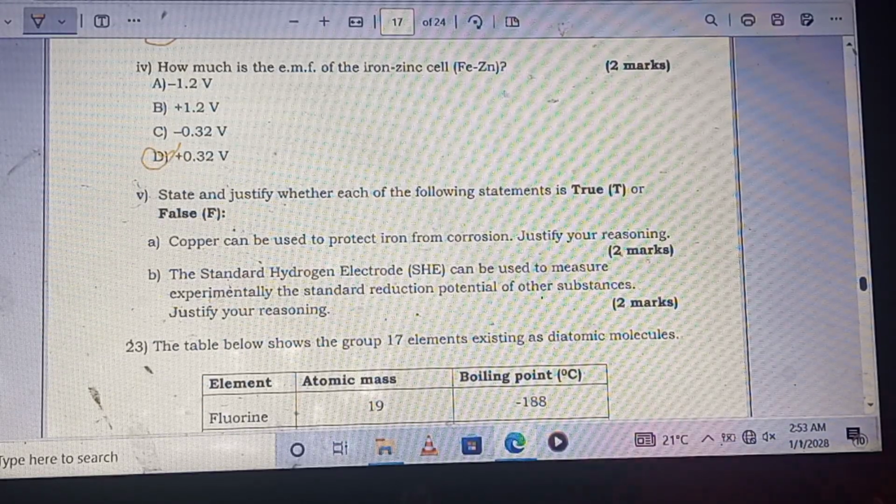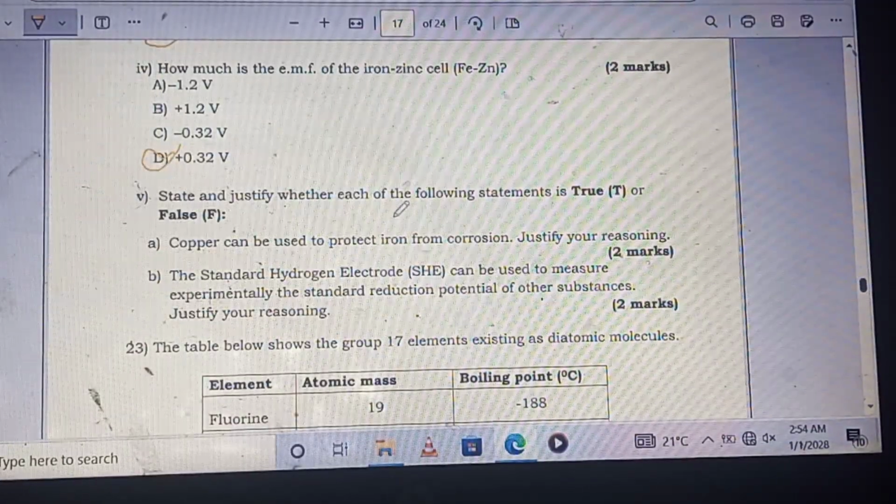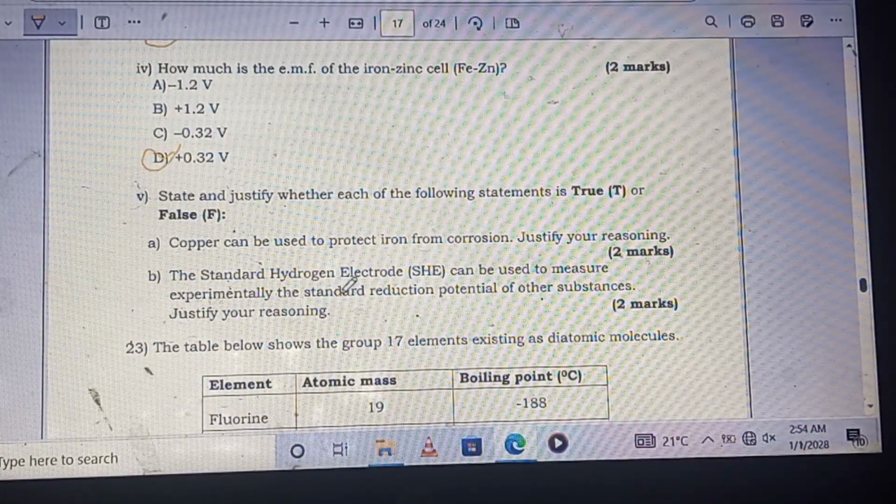B, the standard hydrogen electrode can be used to measure experimentally the standard reduction potential of other substances. Justify your reasoning. The correct answer is true because the standard hydrogen electrode is a standard reference.